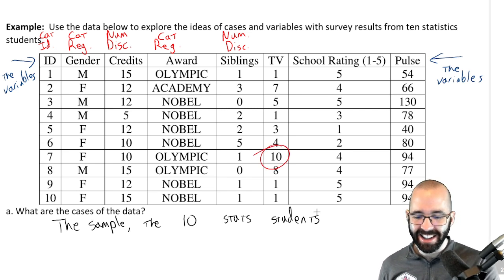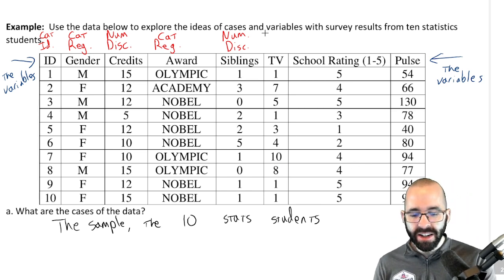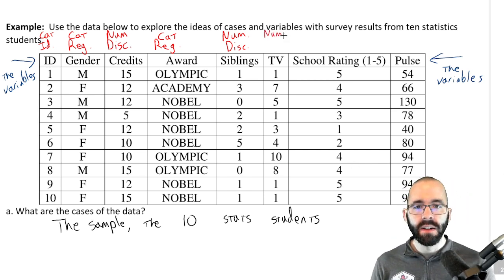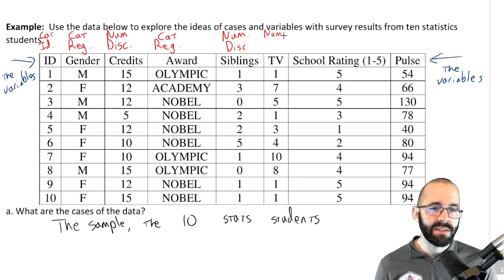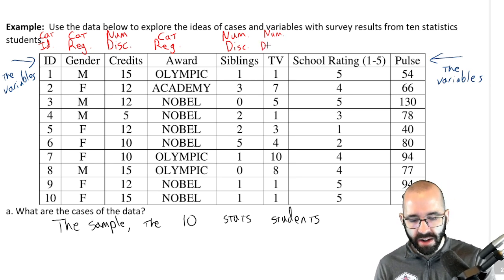Maybe it's time you spent watching TV or something. This one's unclear. If it's hours you watch TV, rounded to the nearest hour, it'd be discrete. If it's total time watching TV, it could be continuous. I would take either here. A little ambiguous.